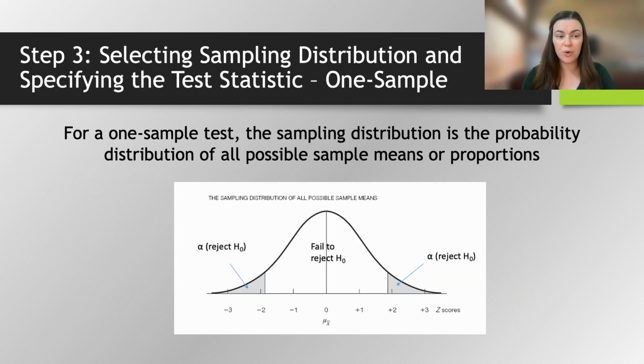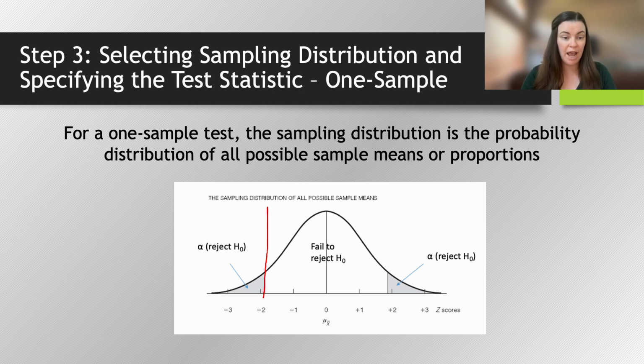Moving on to step 3, selecting our sampling distribution and specifying our test statistic. Again, this is specific just to one sample testing. For a one sample test, the sampling distribution is the probability distribution of all possible sample means or proportions.